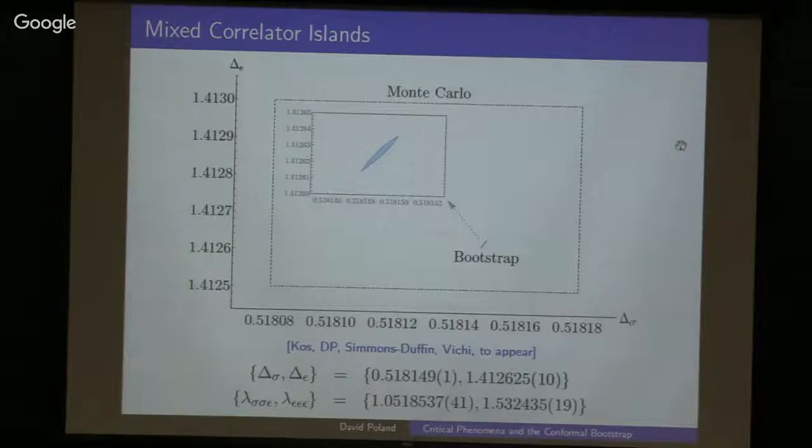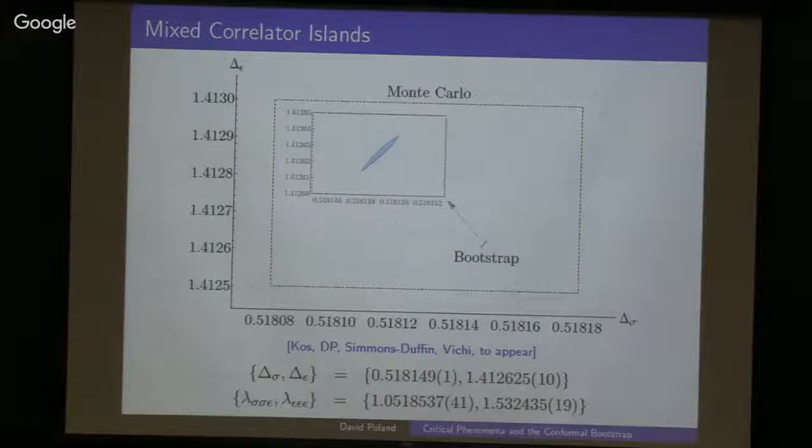And in fact, here's another view of our current best results, which is in work that has yet to be published. Here's a view of the Monte Carlo values. Here is the Bootstrap island. This is showing a zoom in of those points. And the error bars are currently in the 6th digit for delta sigma, the 5th digit for delta epsilon.